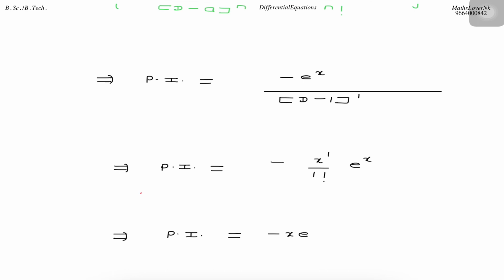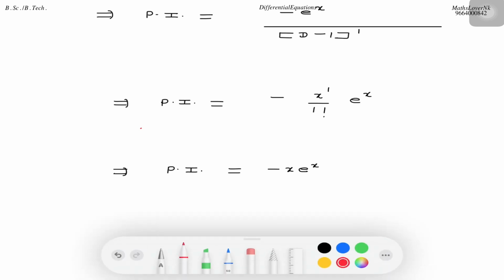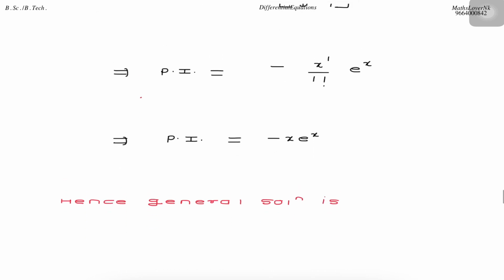Now the general solution is given by y is equal to CF, which stands for complementary function, plus PI, which stands for particular integral.